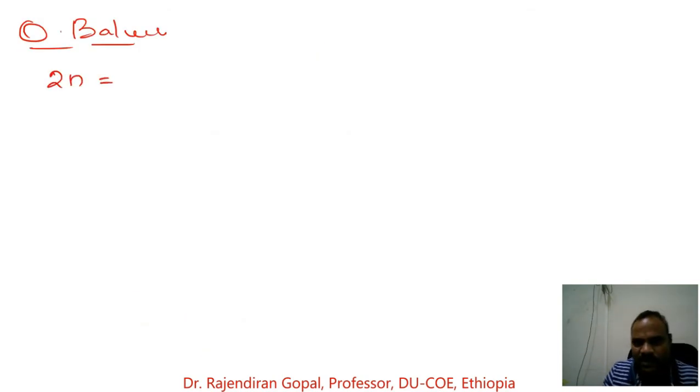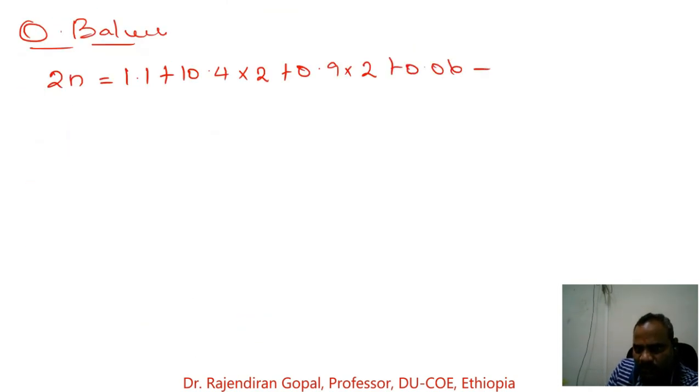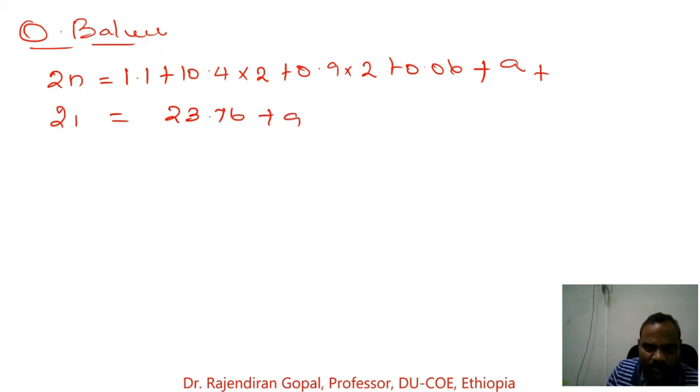For the oxygen balance, we can say that 2N is equal to 1.1 plus 10.4 multiplied by 2 plus 0.9 multiplied by 2 plus 0.06 plus A. Upon simplification, 23.76 plus A is equal to 2N.